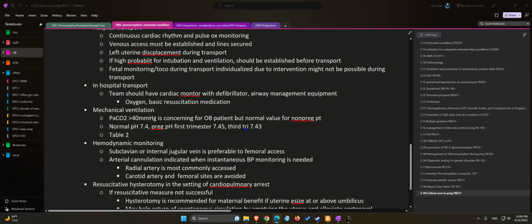So let's take a look at table 2, the mechanical ventilation.